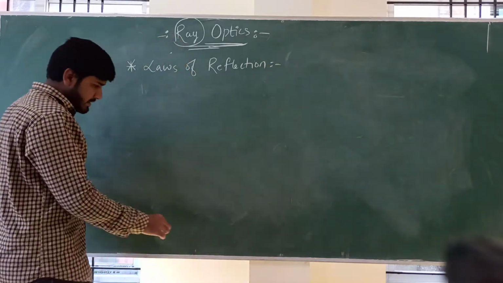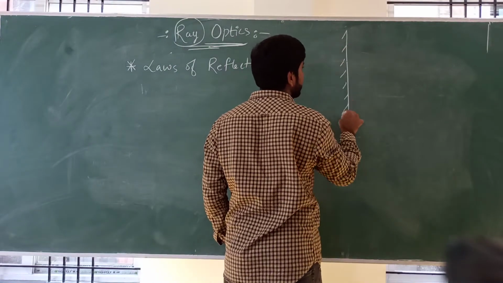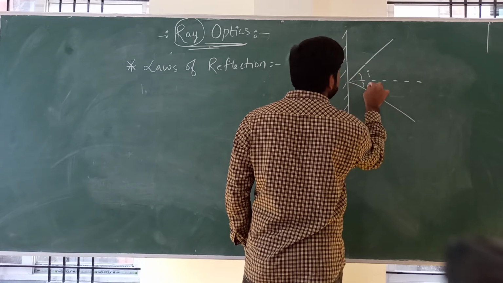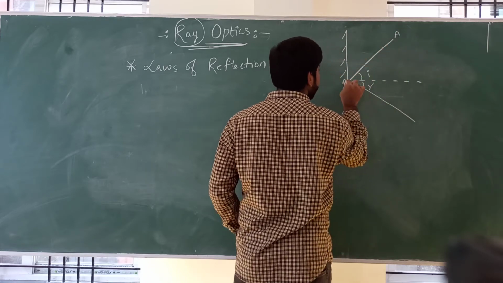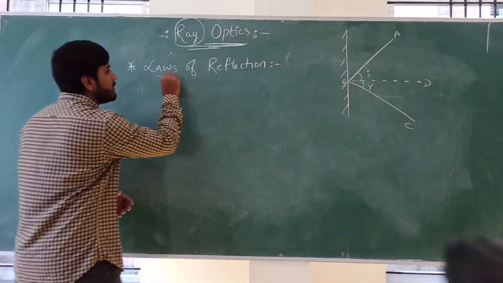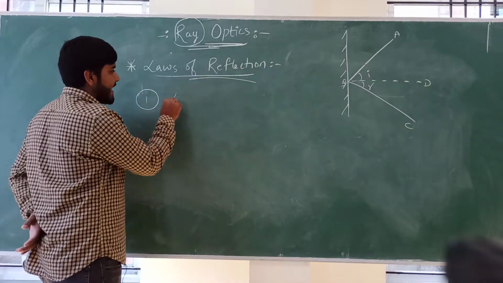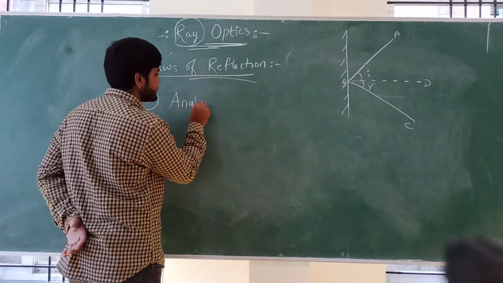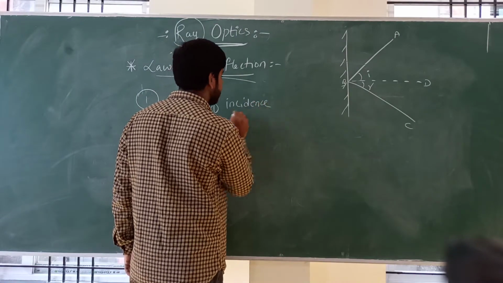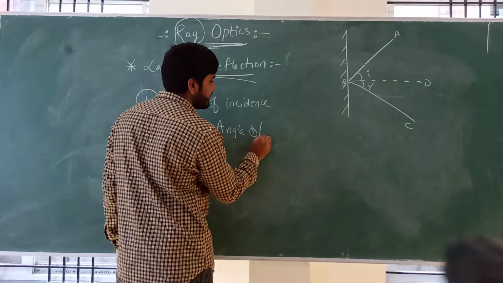I will draw the diagram again here. So this is angle of incidence, this is angle of reflection, A, B, C, D. The first law of reflection, law number 1, is angle of incidence is always equal to angle of reflection.